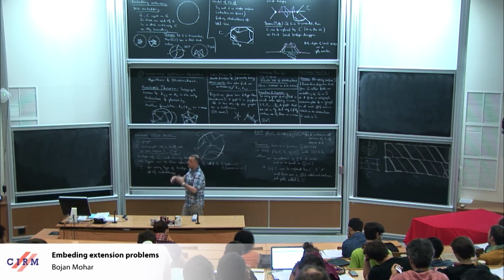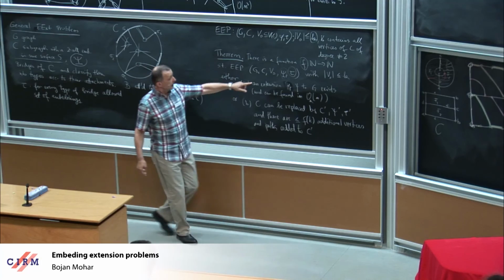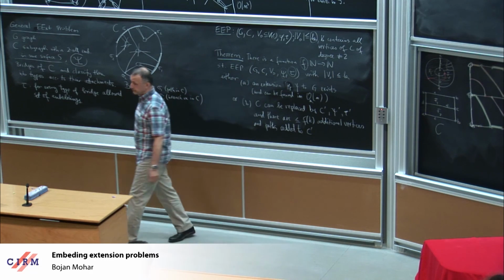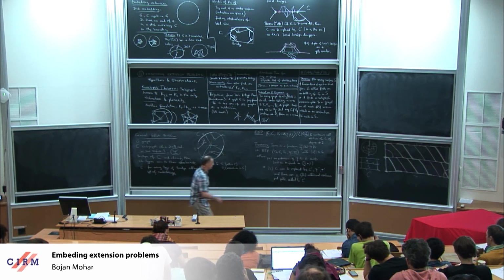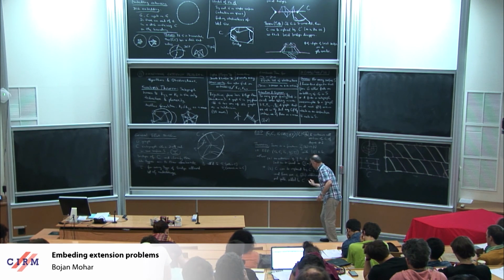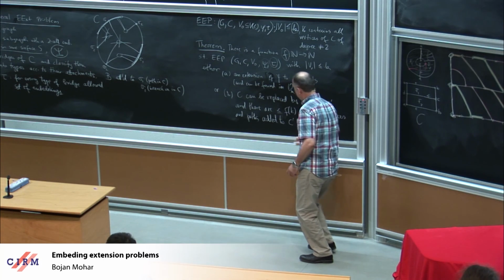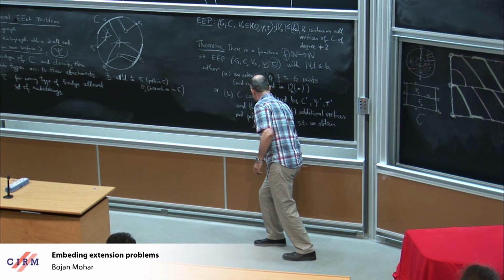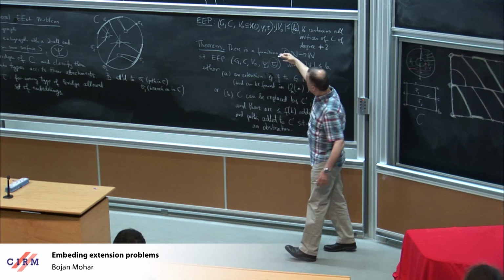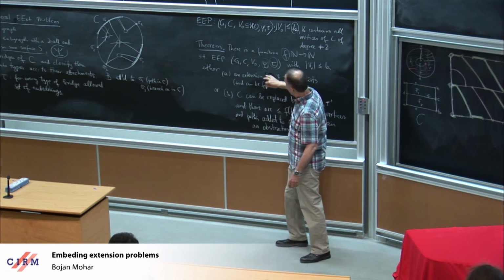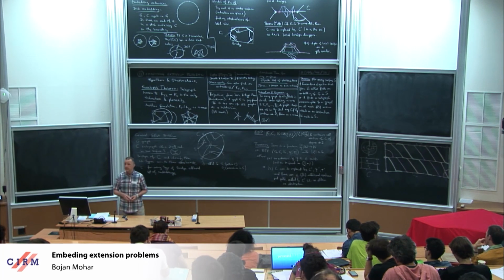So that this subgraph, which is just of constant size, doesn't have an extension of the required type. And so this then inductively, added to C prime, gives us an obstruction to extending the embedding of C prime as requested.